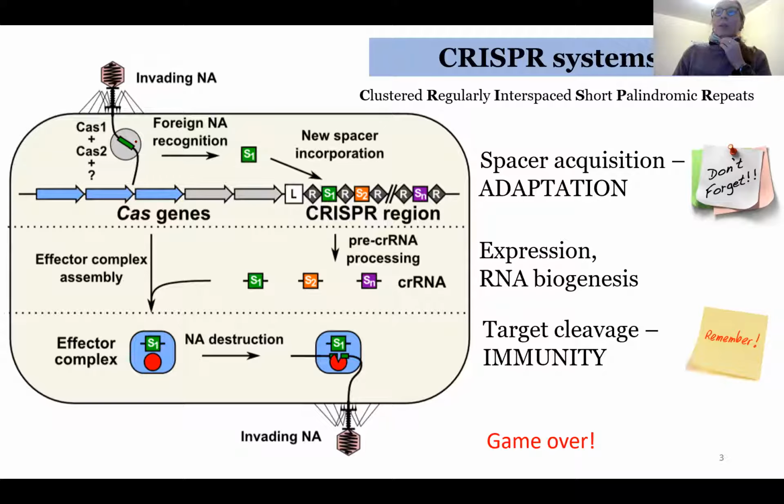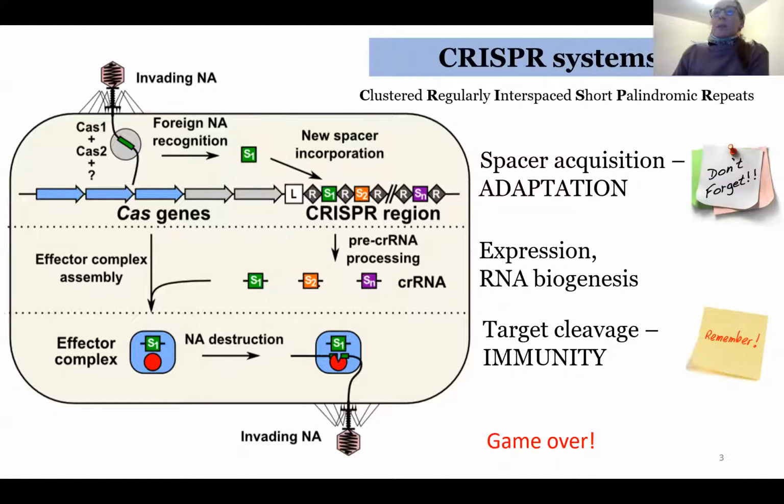And after the adaptation stage comes the stage of gene expression and RNA biogenesis. Because CRISPR is actually RNA-guided machines, RNA-guided proteins. So CRISPR proteins need not only Cas genes, which make proteins, but also CRISPR RNA to function.